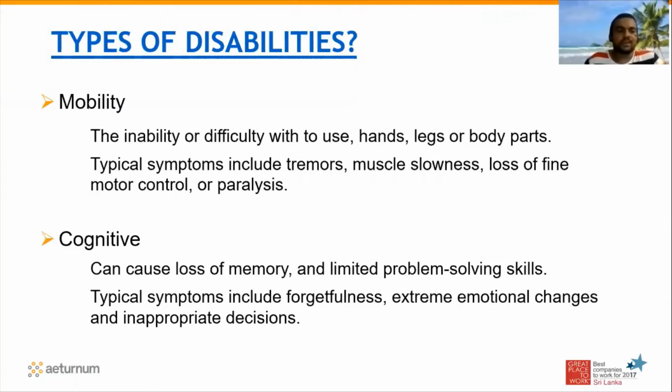And what do you mean by cognitive disability? It can cause loss of memory and limited problem solving skills. Typical symptoms include forgetfulness, extreme emotional changes, and more. In Sri Lanka, there's a famous example of cognitive disability.